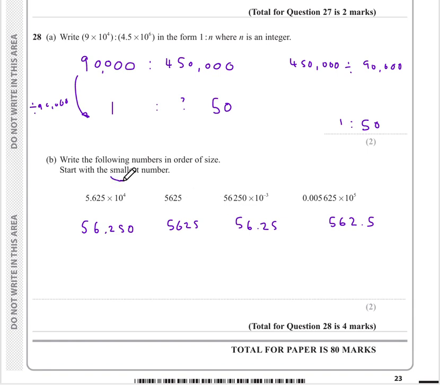Okay, so we want to start with the smallest number. It's a bit confusing, I put a comma there, it looks like a decimal place. So let's have a look which one is going to be the smallest. This one's the smallest, isn't it? 56.25. Then we're going to go to 562.5 over to this one, and then finally this one's our biggest one.